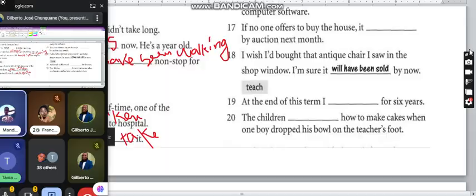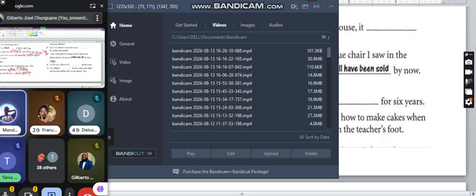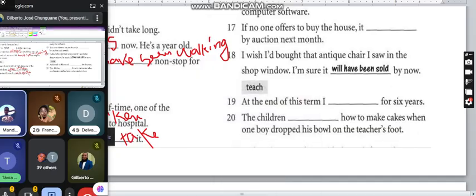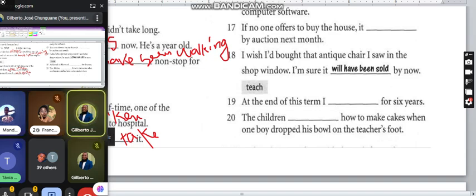What type of future? Future simple passive. Okay, future simple passive. It should be future simple in passive voice, right?